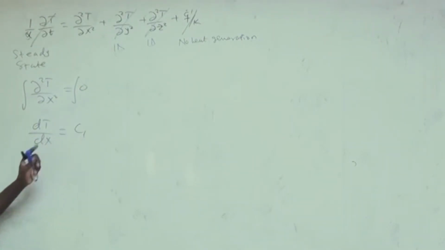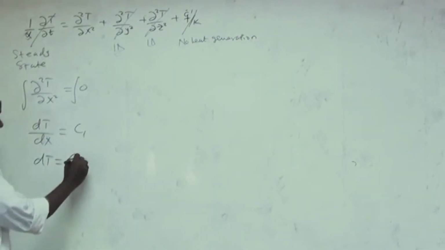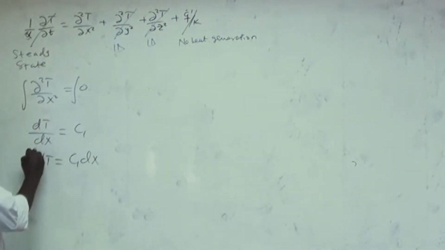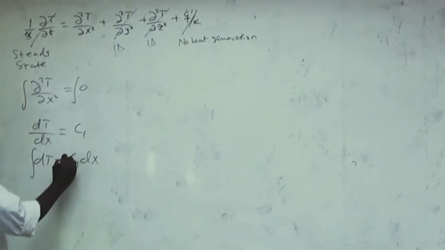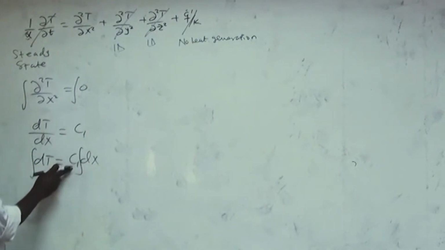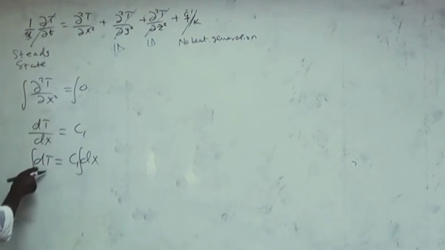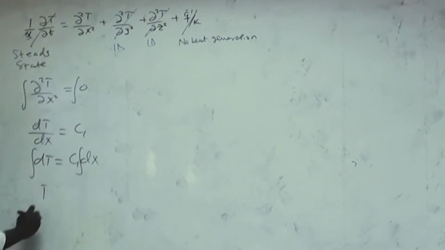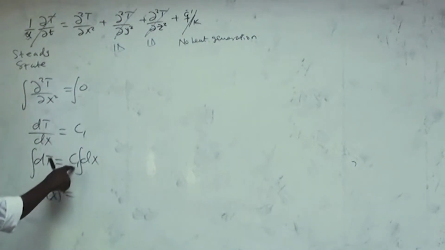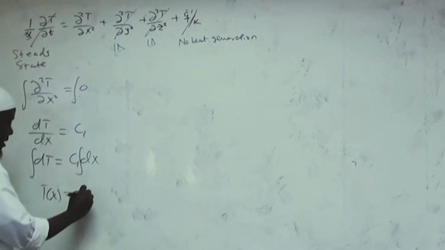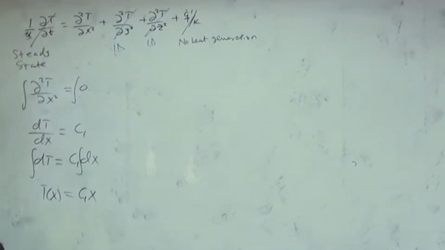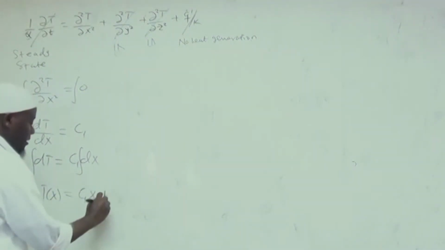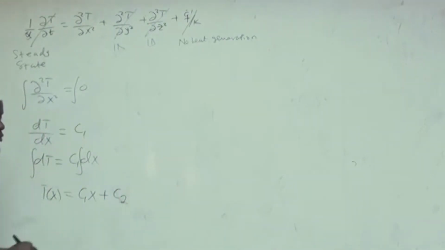Similarly, dT equals C1 times dx. I integrate this also. If I integrate temperature, again I'll get T. So T(x), and if I integrate this, I'll get C1 x, plus another constant C2.